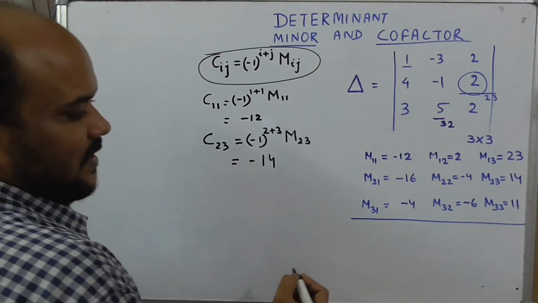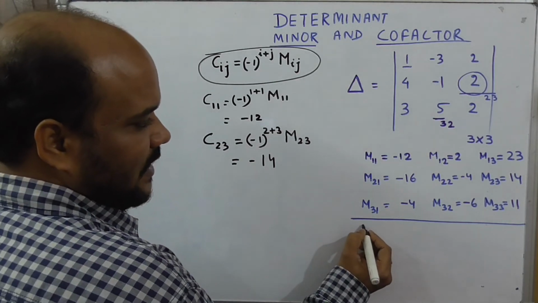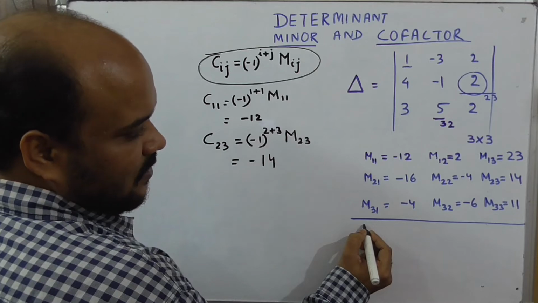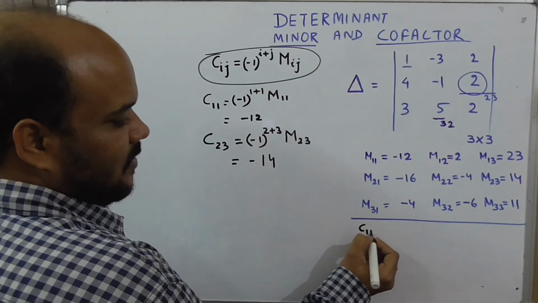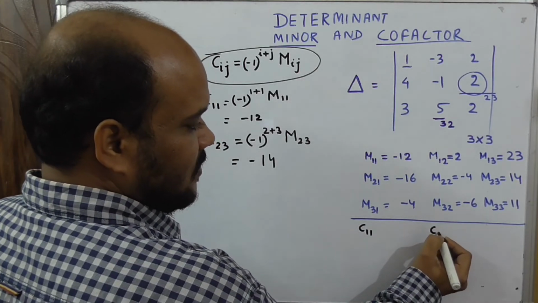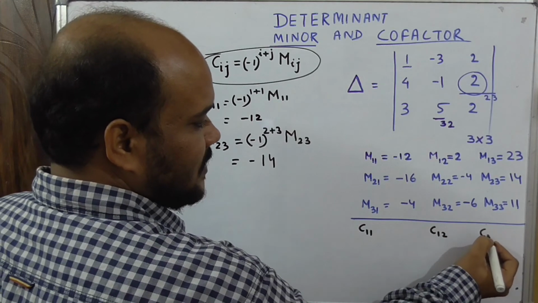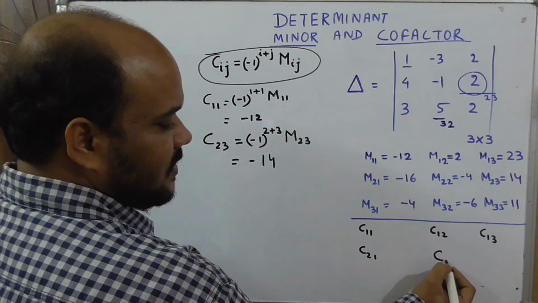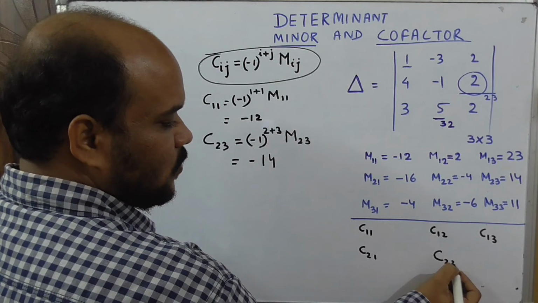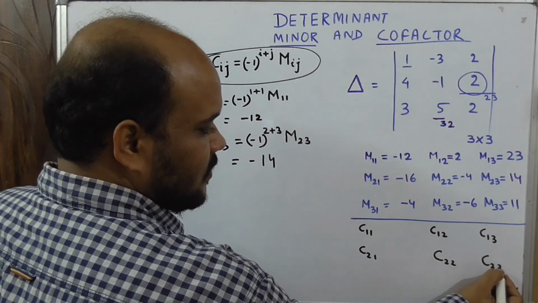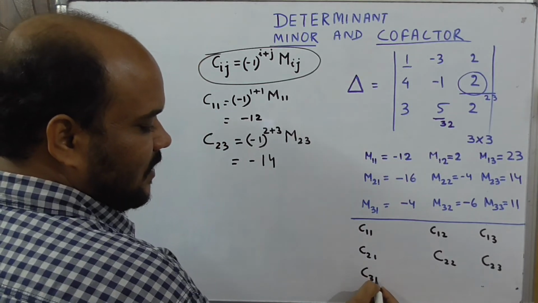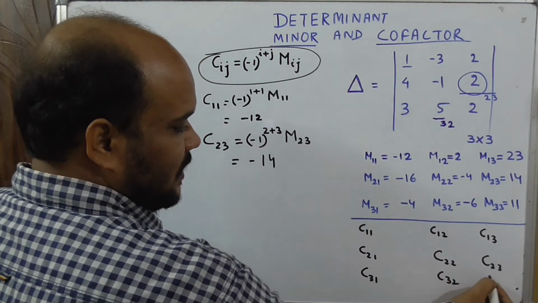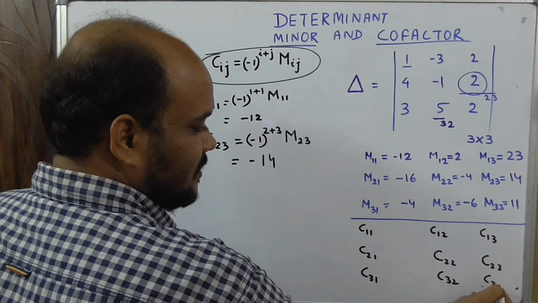Similarly you can find all the values: C11, C12, C13, C21, C22, C23, C31, C32 and C33.